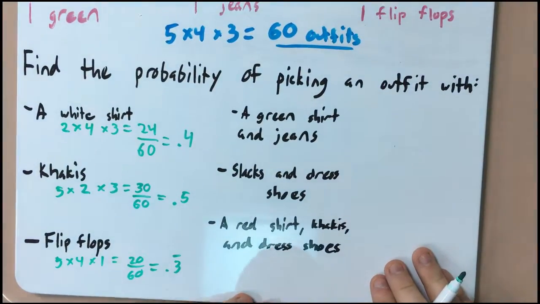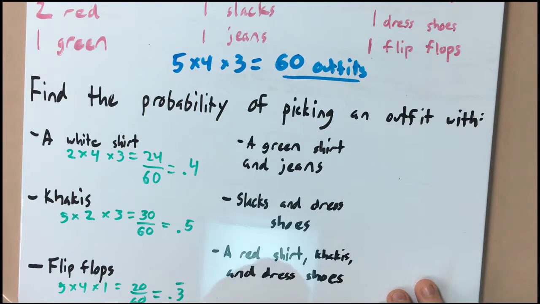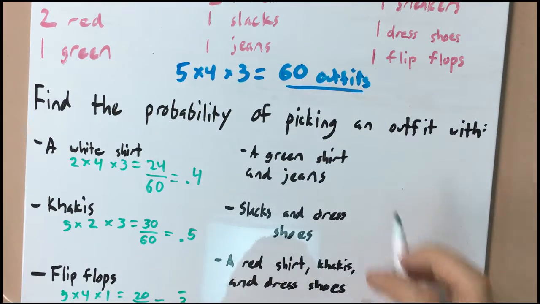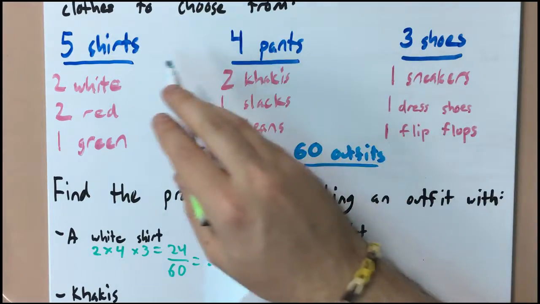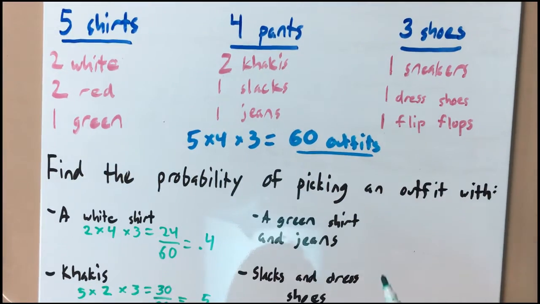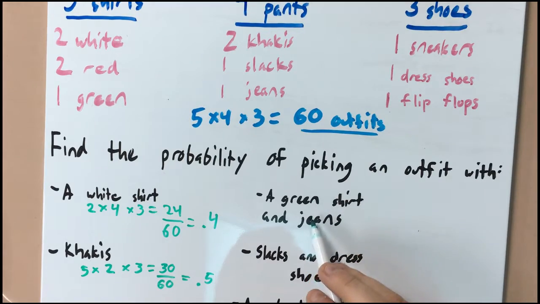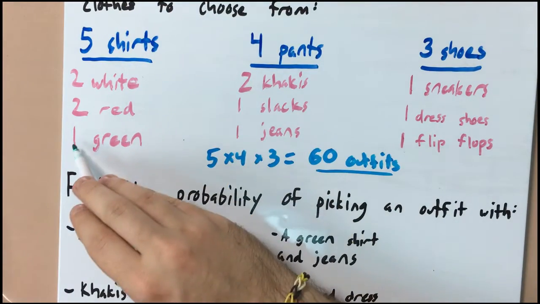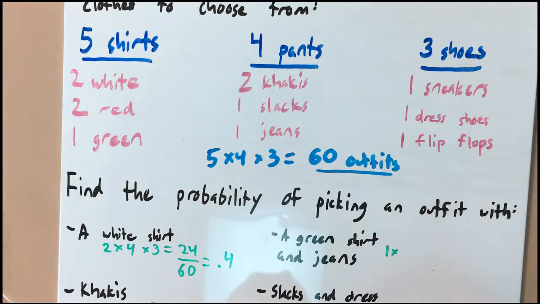So now we come over to the examples that are kind of like the fancy dinner example when we had to find the probability of picking a particular entree and a particular side. Once again, we're just going to look at the event that we're looking for, see what it restricts us to in our choices for the different parts of the outfit, and find that probability. So if we're looking for the probability of picking an outfit with a green shirt and jeans, that's just 1 choice for a shirt now, so I'm going to do 1 times something.